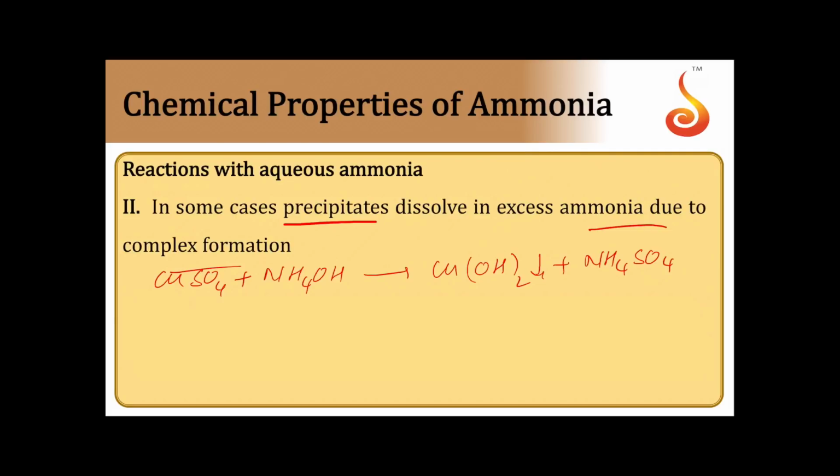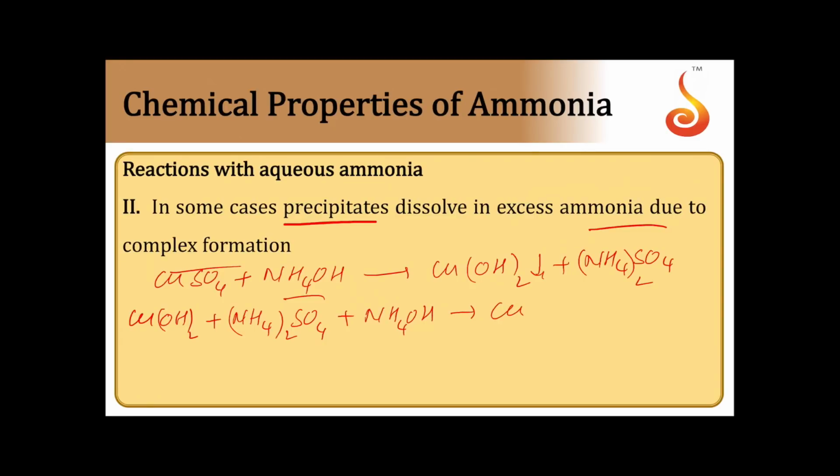Now, when you add excess ammonium hydroxide to the mixture, you have copper hydroxide as a precipitate plus ammonium sulfate. Further add ammonium hydroxide, meaning you are using excess aqueous ammonia.